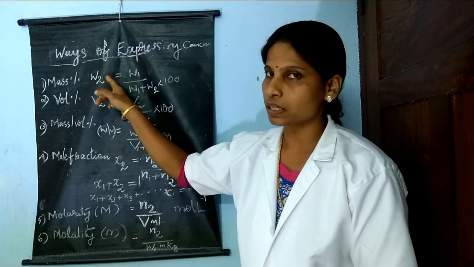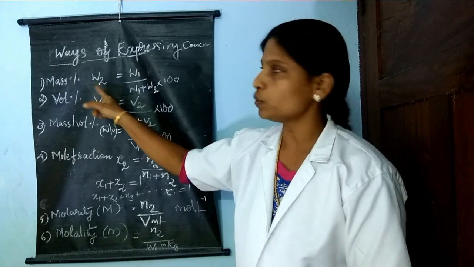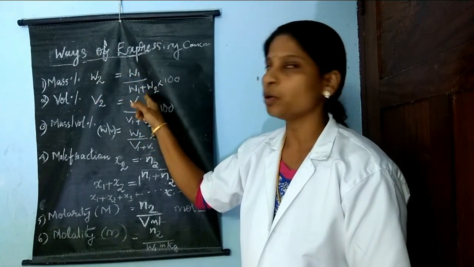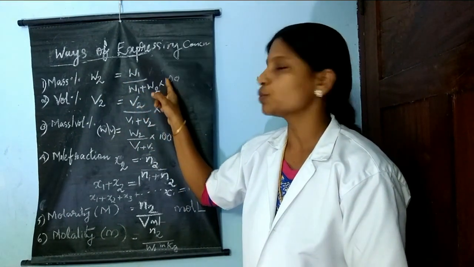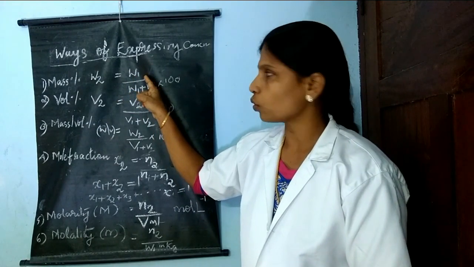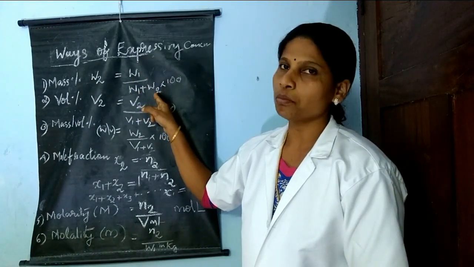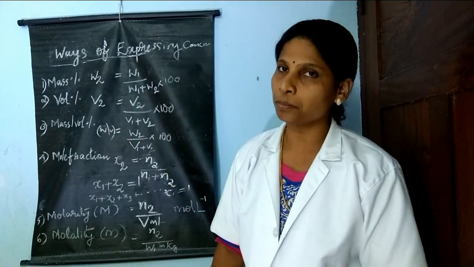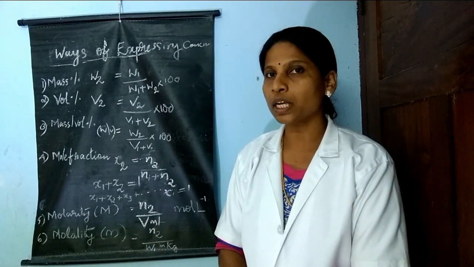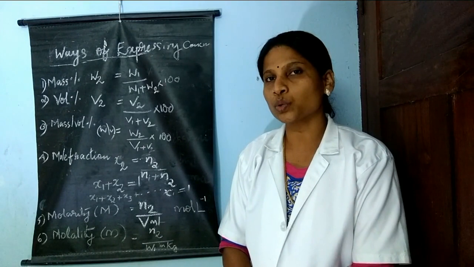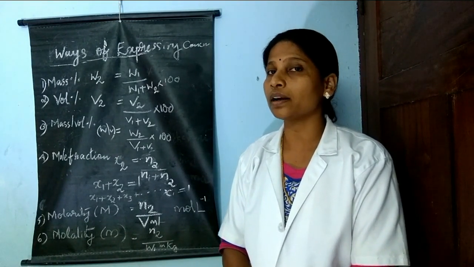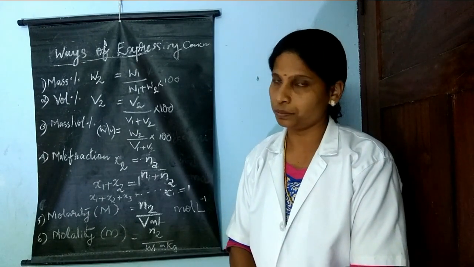Therefore, mass percentage of solute is equal to W2 divided by W1 plus W2 into 100. Here, W1 is mass of solvent, W2 is mass of solute, W1 plus W2 is total mass of solution. For example, a 5% solution of sugar means 5 gram sugar dissolved in 100 gram of solution.